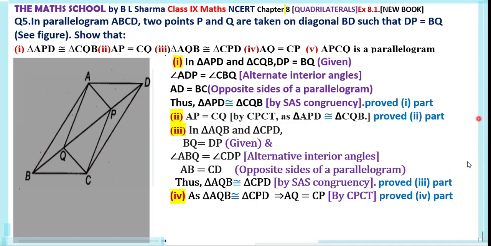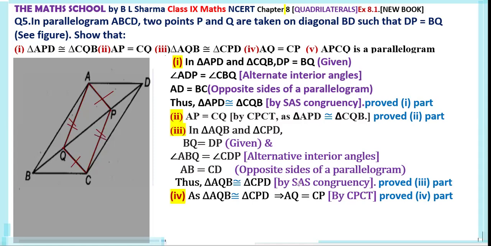Now we have to see here, in this quadrilateral, this AQ is equal to CP. We have proved it. This CQ is equal to AP. We already have proved it. Opposite sides are equal, since this side is equal to this side and this side is equal to this side.